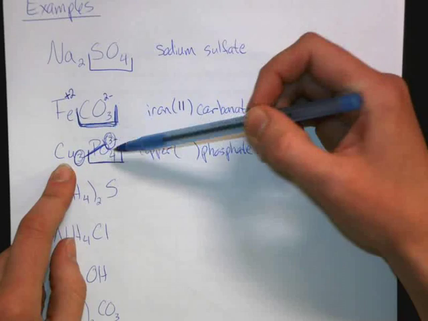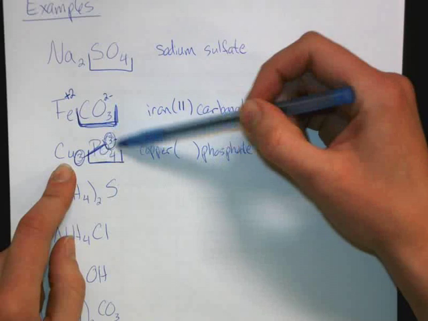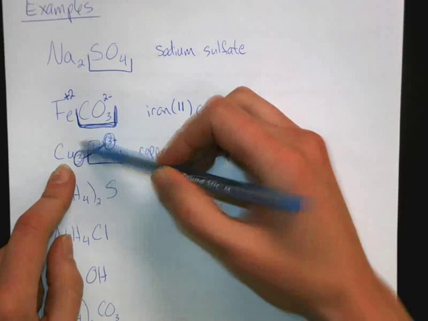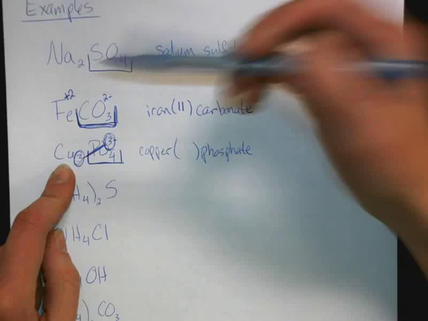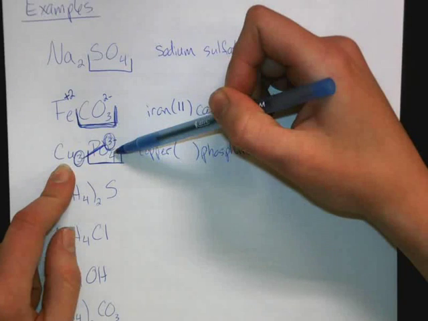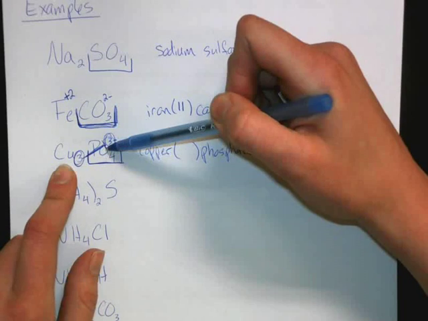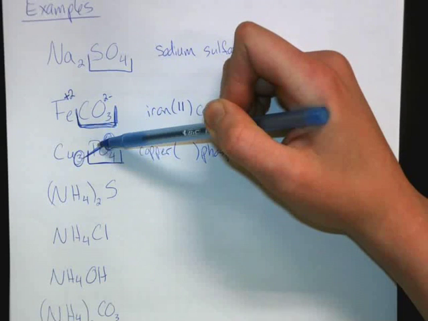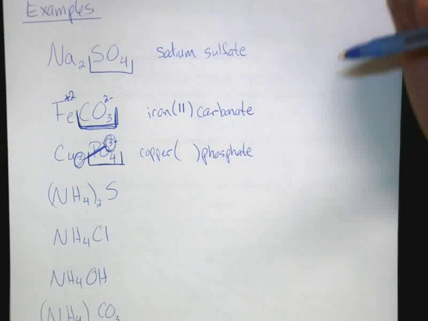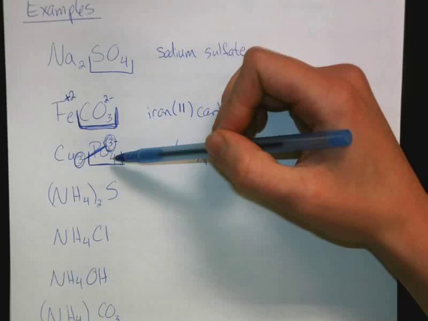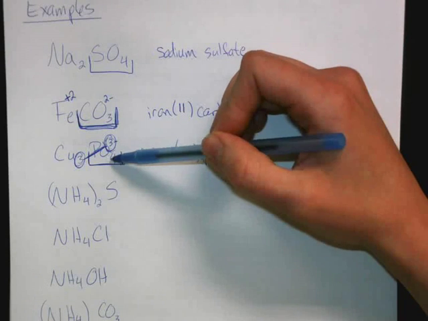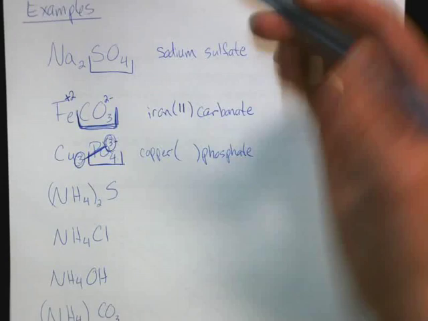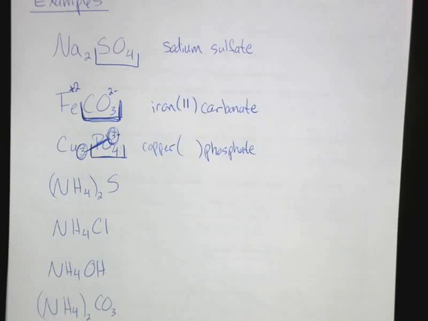To get the charge of copper, I can backwards crisscross the number of PO4s I have. Now, some people try to take this 4 and crisscross it up. That's not the case, though. This 4 means we have 4 oxygens that are glued together to my phosphorus. And by glued, I mean covalently bonded. So I can't separate the 4, and that's not the number of phosphorus or phosphates I have.